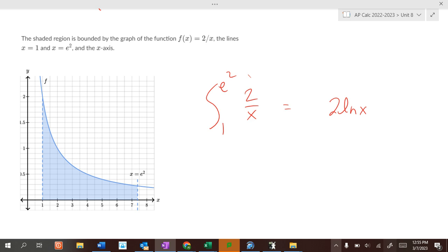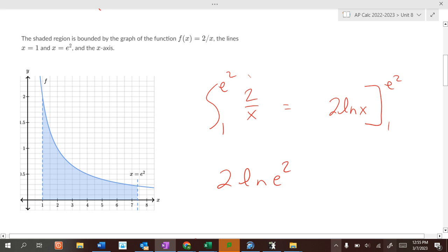Yes, you are correct. Because x to the negative first is the integral, that is ln of x, from 1 to e squared. So it's 2 ln of e squared minus 2 ln of 1.